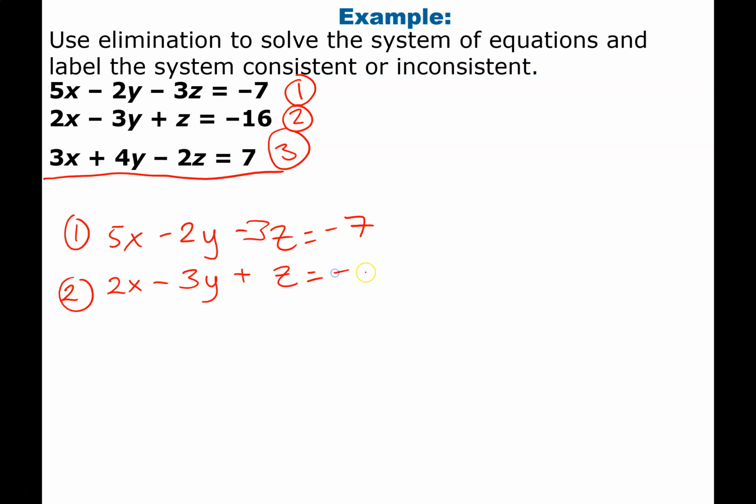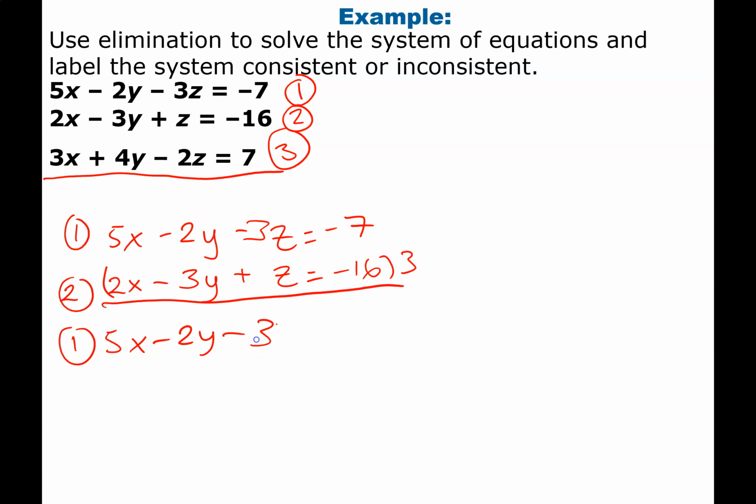Okay, and we said that we're going to get rid of the z. So here I already have a negative 3. That means down here I want to make it into a positive 3. I'm going to multiply the entire bottom equation by 3. Rewriting the first equation, this was 5x minus 2y minus 3z is equal to negative 7.